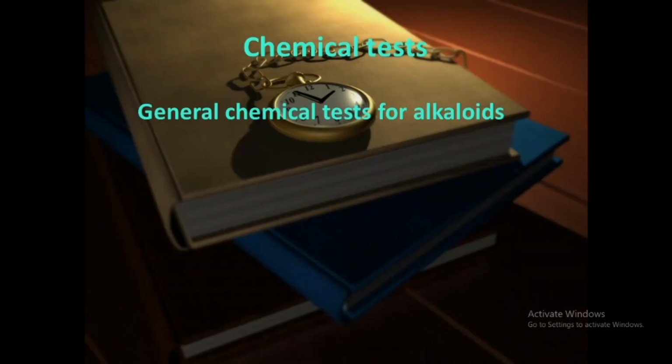Just see the chemical tests. As we discussed earlier, Kurchi contains the major chemical constituent, that is alkaloids. So the general chemical tests used for the identification of alkaloids, like Mayer's test, Dragendorff's test, Hager's test and Wagner's test, these four general tests are applicable for the identification of Kurchi, because Kurchi contains alkaloids.